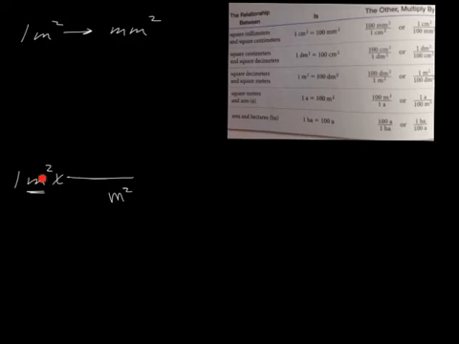So 1 meter squared, meter squared. What do I know about meter squared? Well, it shows up on the bottom here, so I'm going to put 100 decimeters squared on the top. That being the case, then I can cancel my m's. And decimeters, that's not what I'm looking for, so I'm going to keep going.